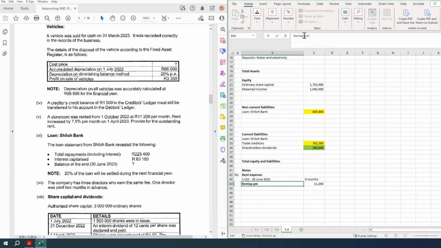Okay. All right, so I'll just say rental prior to increase. Okay, so this will be as indicated 6 months. Okay, so that is my total rent up until end of March. All right. And then my increase is 7.5. There we go.